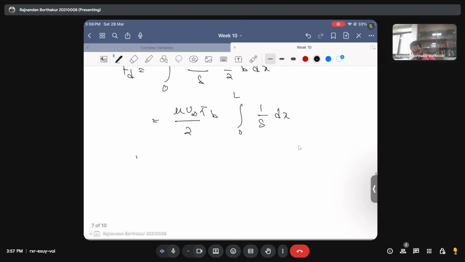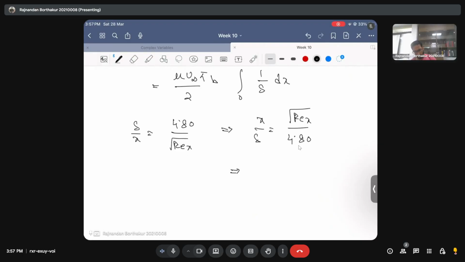And I know that delta by x is equal to 4.80 by square root of Re x, which means x by delta is equal to square root of Re x by 4.80, or 1 by delta is equal to square root of Re x by 4.80x.